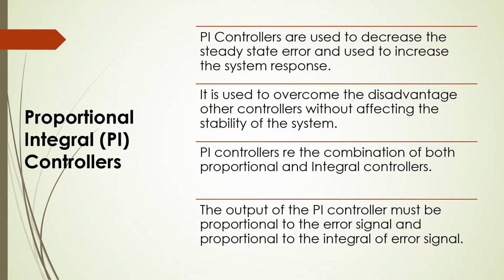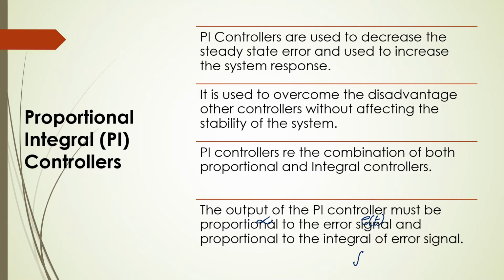So in other terms, what is this PI controller? The output is proportional to the error signal, which is called E of t, and proportional to the integral of the error signal. What do you mean by integral of the error signal?